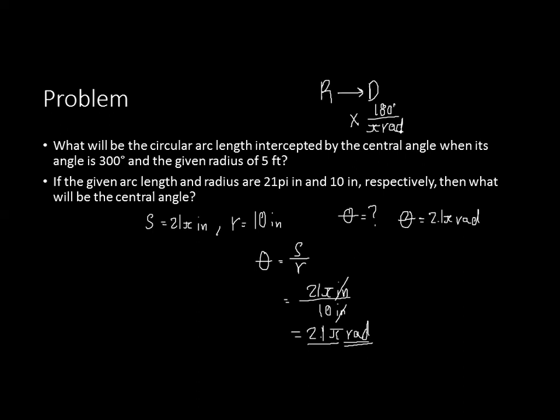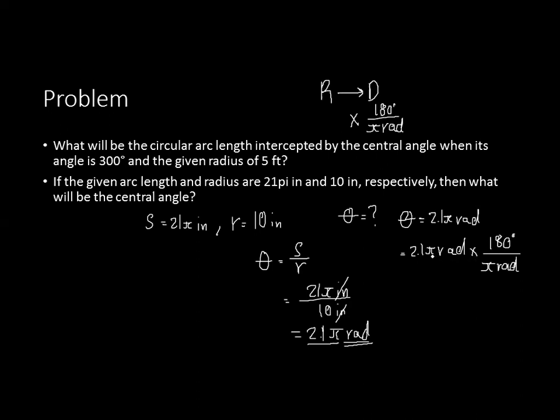All right? Multiply the given value with this one. So here we will have 21 pi radians times 180 degrees all over pi radians.